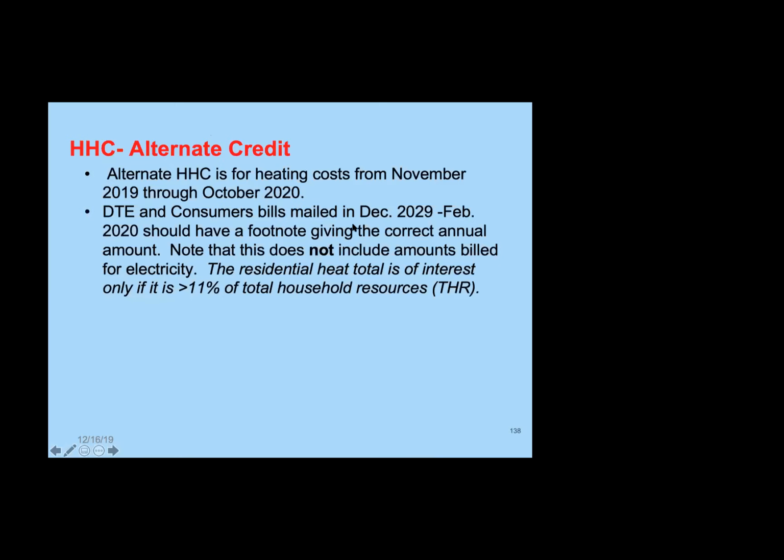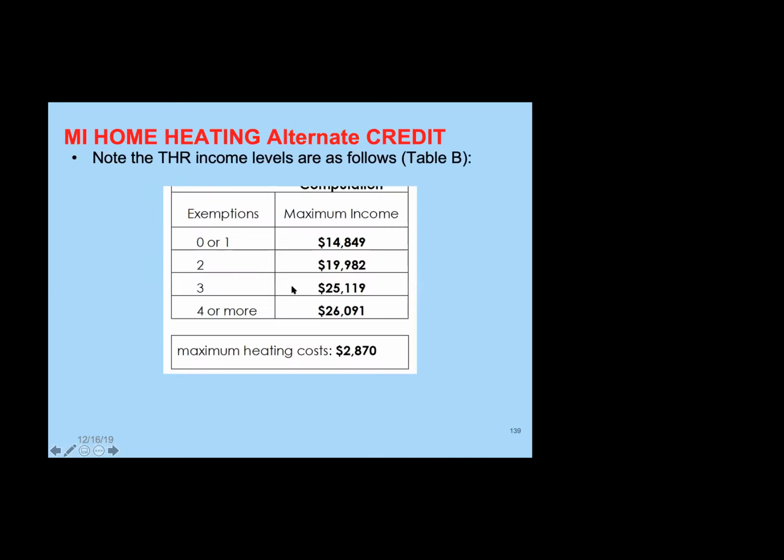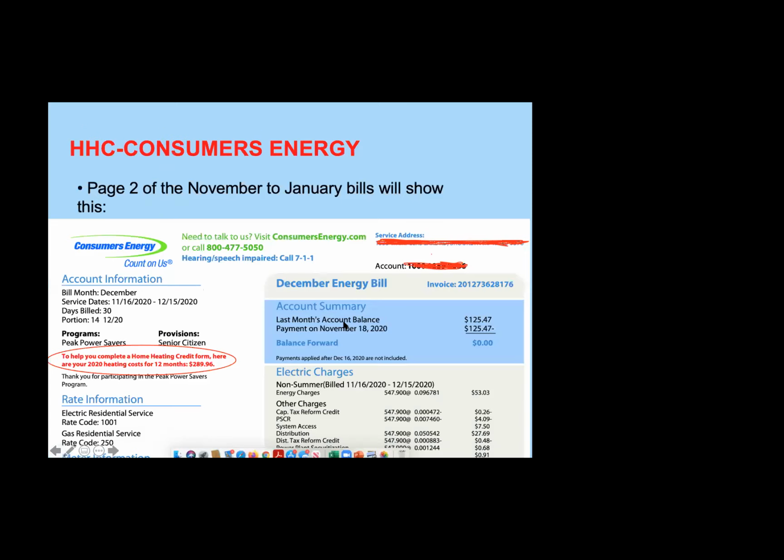The alternate credit I talked about has to be greater than 11% of THR, and it has maximum income limits as well. This is a current year Consumers Power bill. Pretty happy with Consumers Power because they put the annual heating cost in red, very easy to see, very nice.